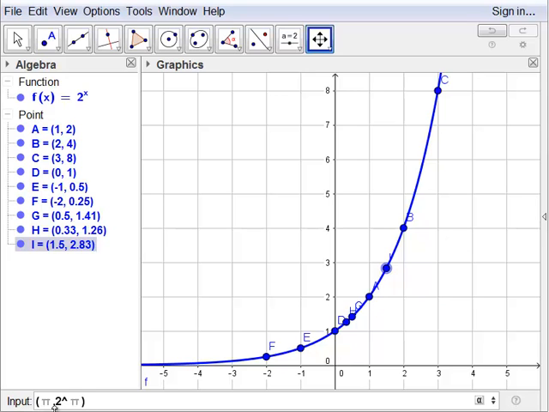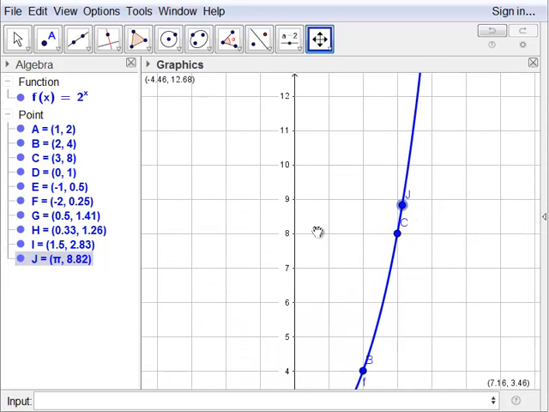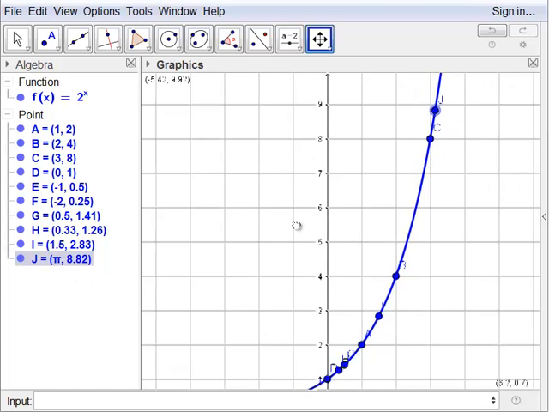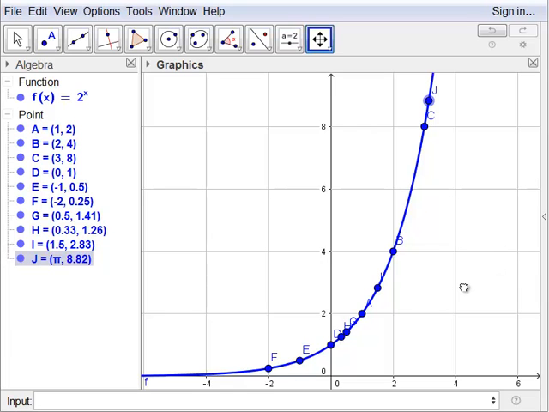So pi, comma, 2 to the pi. That's not on the scale here. Let's go down there. That's where it is. That's 8 point something, 8.82 it was. So let's just do that.